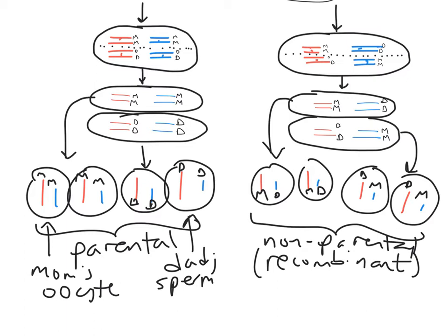So the important point to take from what we've done so far is to realize that we have 4 different types of gametes. We've got the parental type with mom's alleles. We've got the parental type with dad's alleles. We've got the non-parental type where red is mom's and blue is dad's, and we've got the non-parental type where red is dad's allele and blue is mom's allele.